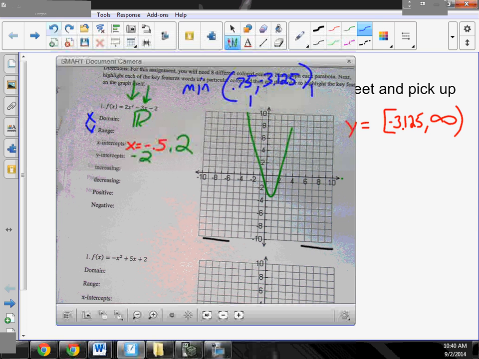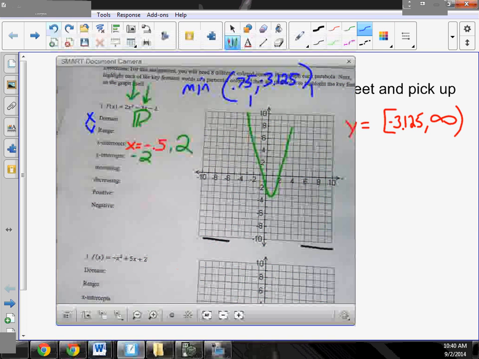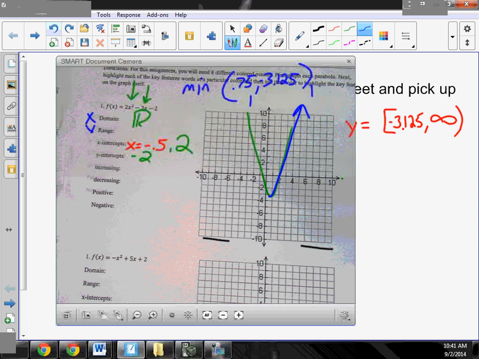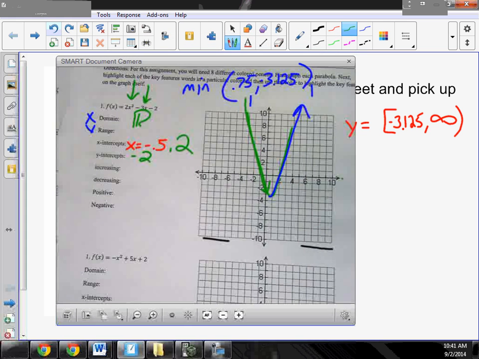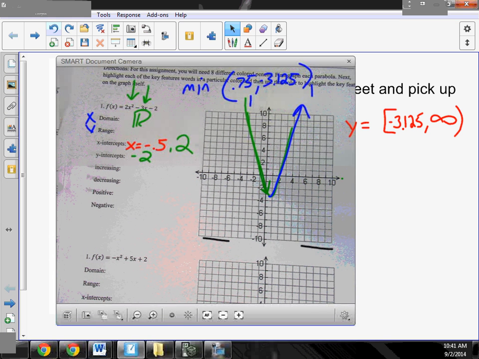Everything to the right of the minimum, which is a little bit to the right of the axis. So this is increasing. Does anybody not understand why that's increasing and why the other one is decreasing? If we look left to right, what part of the graph is going up or down? As we move to the right, this portion is increasing.